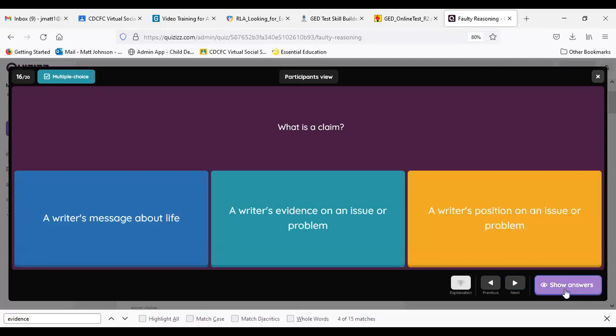No, we know a writer's position on an issue or a problem, right? So that hierarchy there, where we have an argument, and then you have claims to support that argument and evidence to support your claims. So a writer's position on an issue or a problem, right?